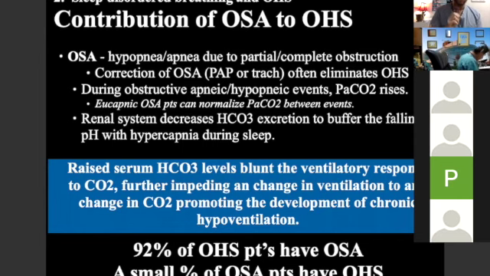All right, so you're called down for a hip or ankle fracture. This is a real case. Ankle fracture, you look at the bicarb, it's 33. What do you do there? How do you confirm that they have OHS? Well, you do a room air blood gas. And guess what we're really good at doing? Quick room air blood gases, right?